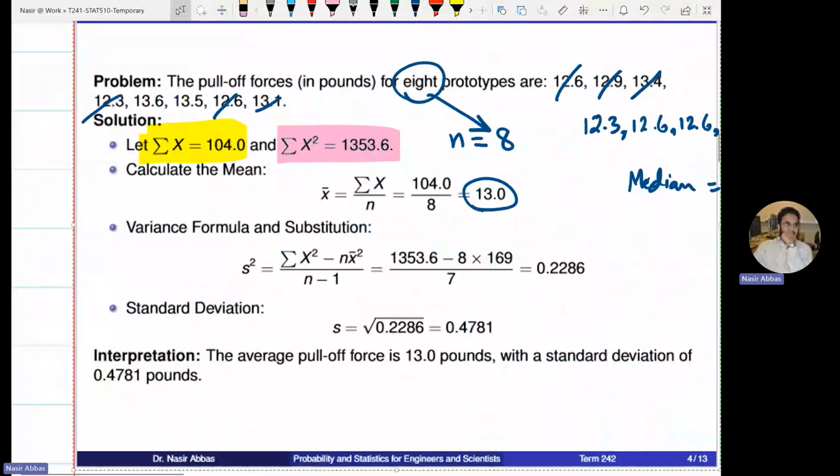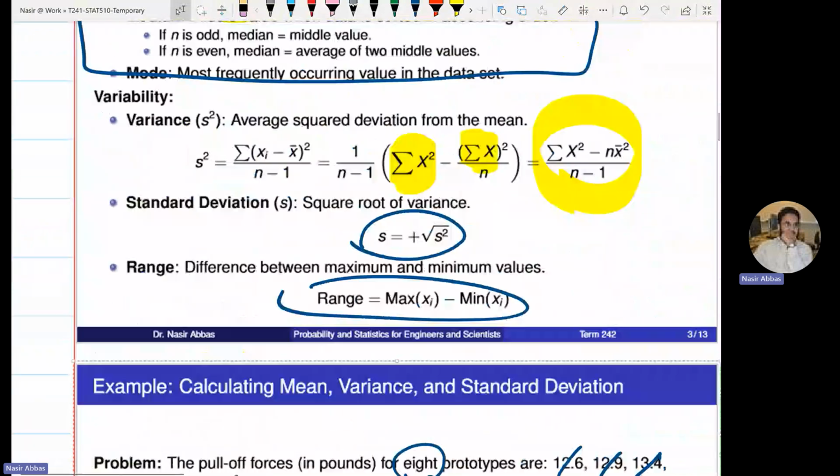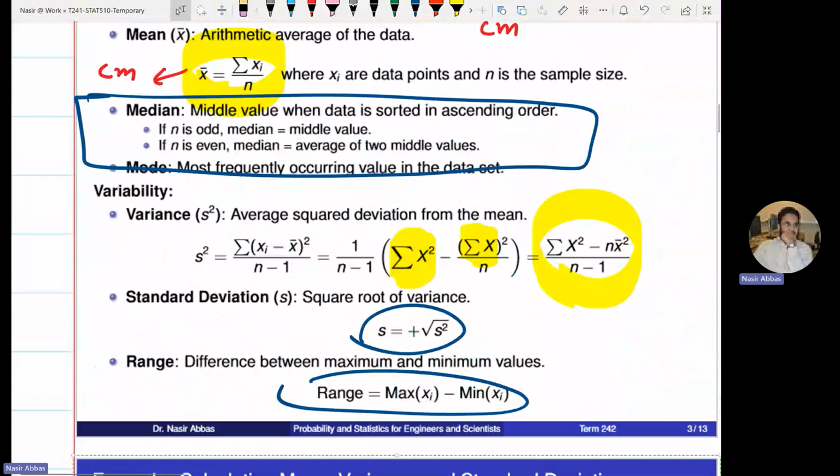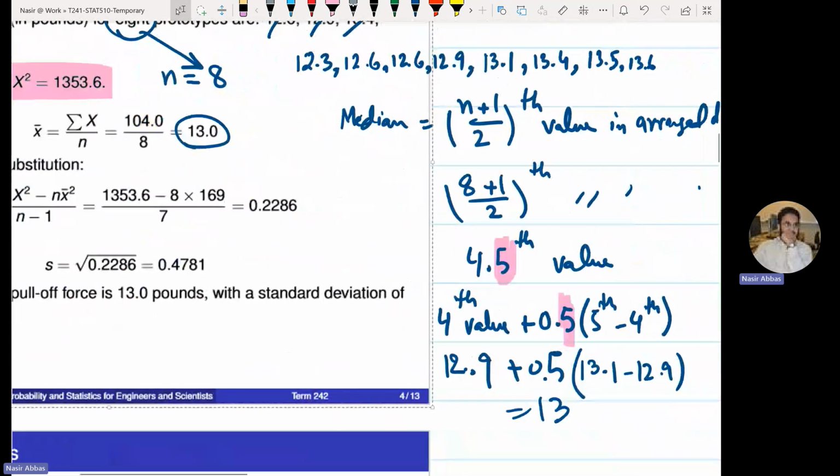Number one, mod is the most frequent value of the data. According to this definition, most frequent value of the data. You can have a data with no mod. If 12.6 was not repeated, you would say there is no mod. You can have multiple mods. Let's say there is another value in the data. Let's say if the last value was 13.5 also. In that case, you will have two mods, 12.6 and 13.6.